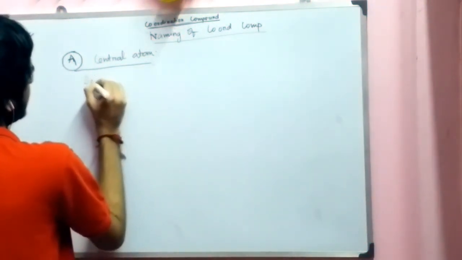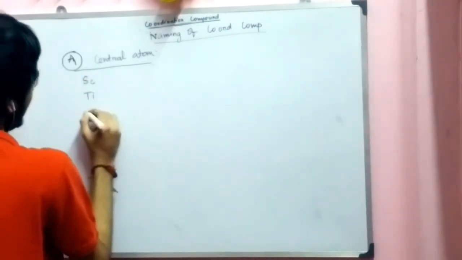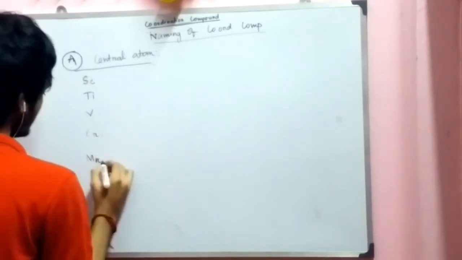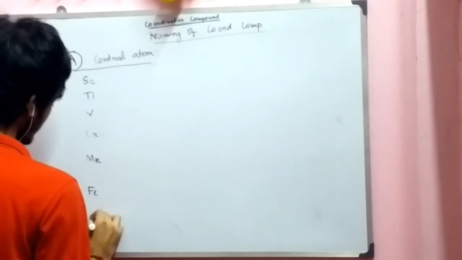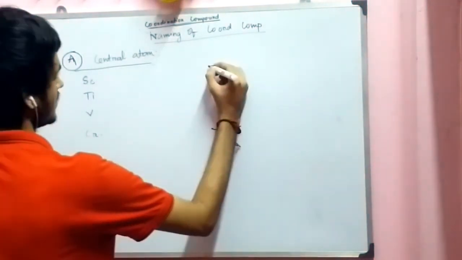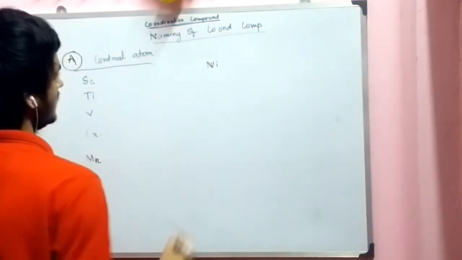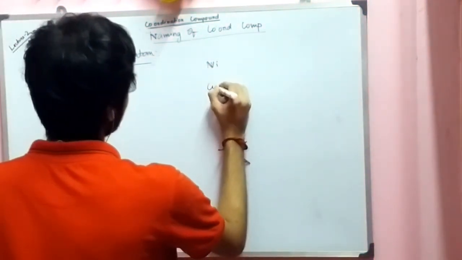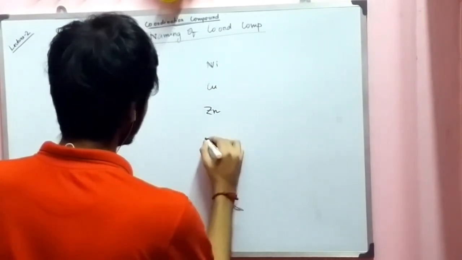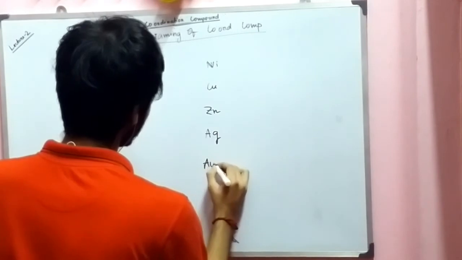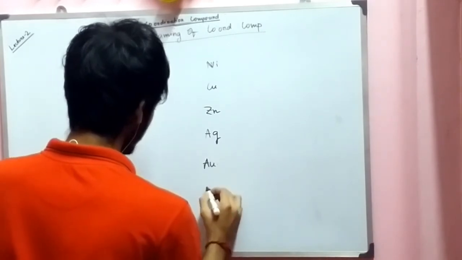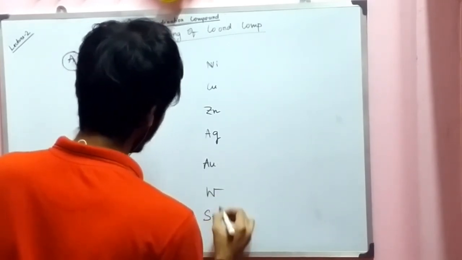First is scandium, titanium, vanadium, chromium, manganese, iron, cobalt, nickel, copper, zinc, and let's take silver, gold, tungsten, and tin.